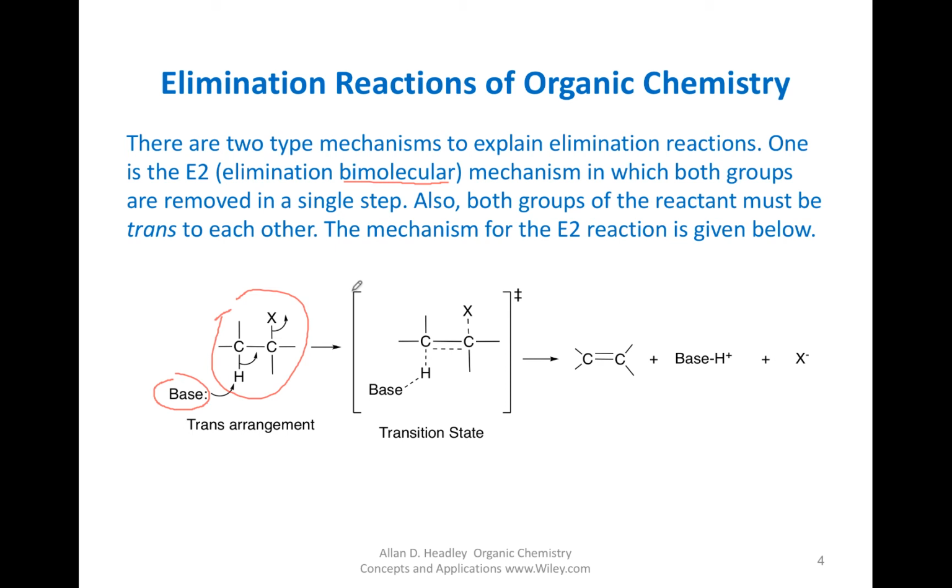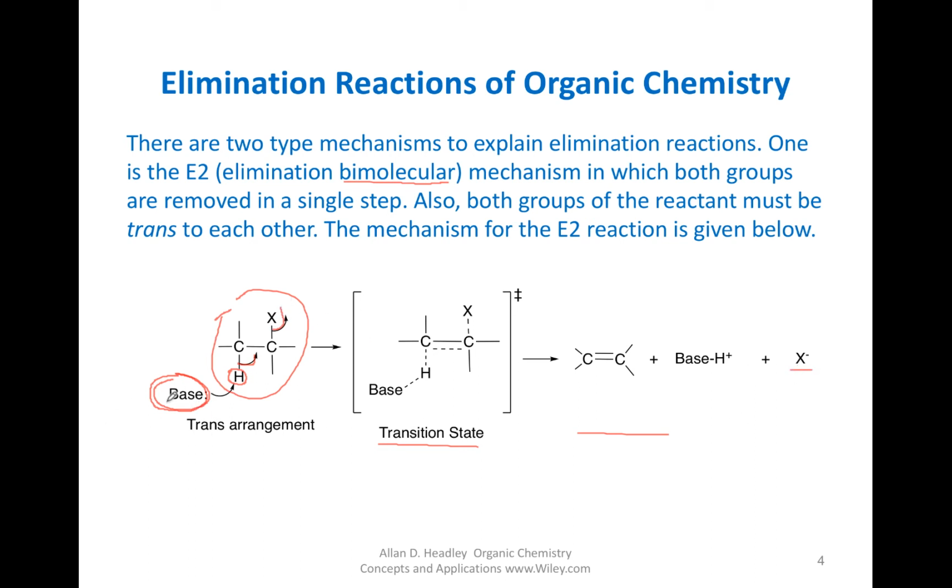Of course, as you know, if it's the only step, it goes through a transition state and then onto product. So here's your base, pulling off the proton. These electrons come in, and this leaves as your leaving group.